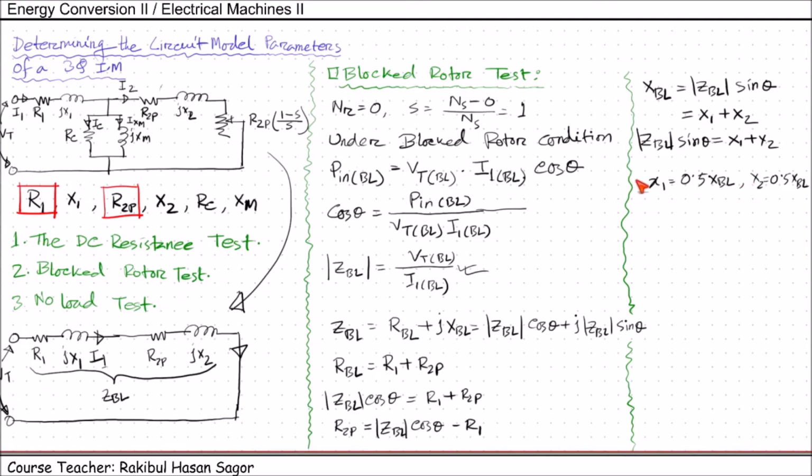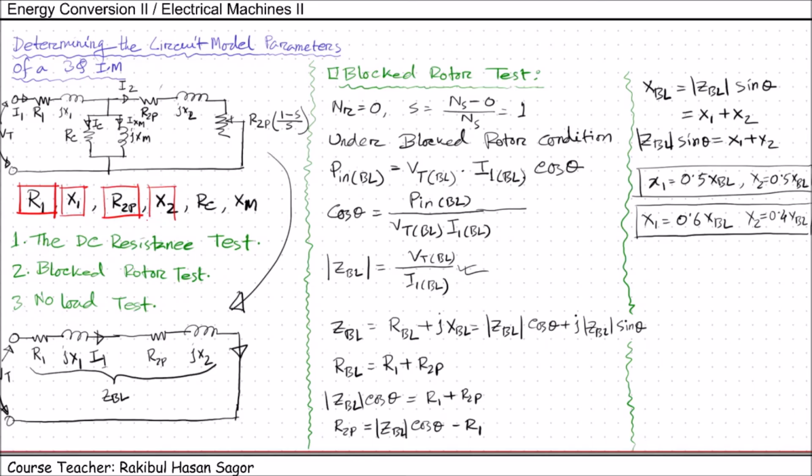For another example, if X1 is given as 0.6 X_BL, then X2 will definitely be equal to 0.4 X_BL. So in this way, the ratios are given by the manufacturers. From there we can find the separate values of X1 and X2 using this ratio. So we can figure out the values of X1 and X2.